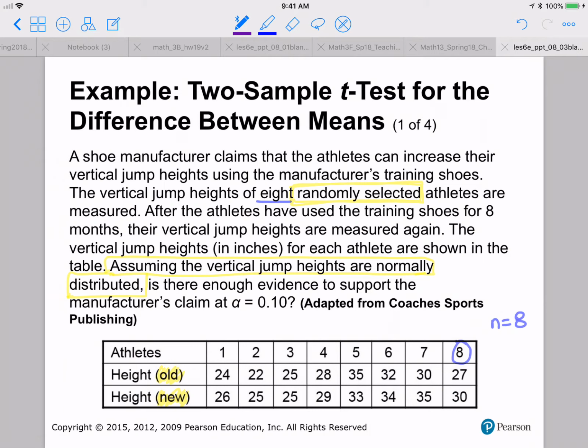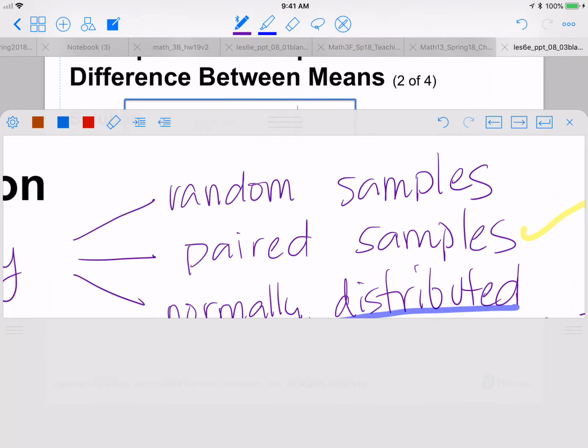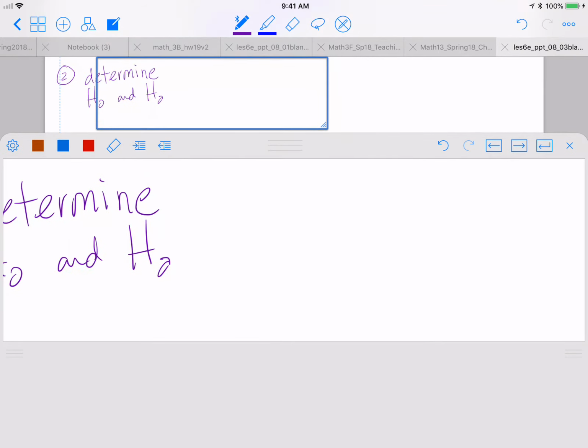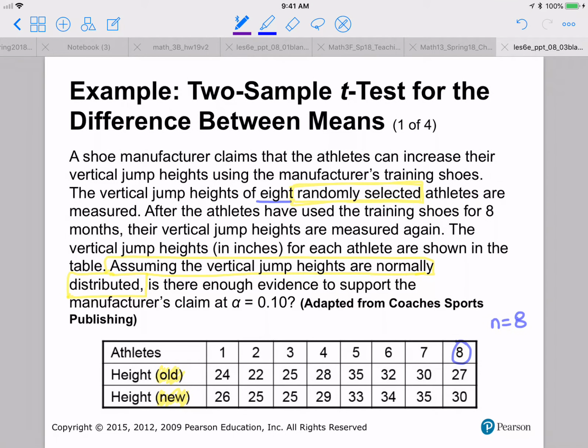Now, first we need to figure out our claim, and we write the claim verbally. So the claim is that athletes can increase their vertical jump heights using the training shoes. So verbally stating the claim is that athletes can increase vertical jump heights using the training shoes.